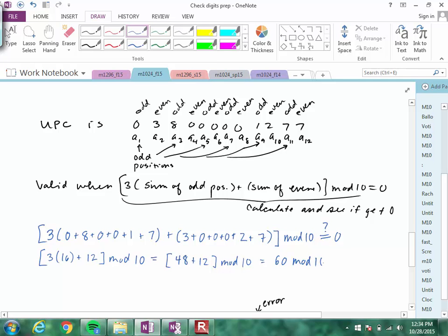Some of you are so good at this, I bet you can do it in your head. I'll show the work, but what's the answer to that? It's a remainder, right? 0. So is it valid or not? It is valid, but let's show our work. 60 goes in the box, 10 is the divisor, and it goes in 6 times, which is what some of you are saying, but remember the answer is a remainder.